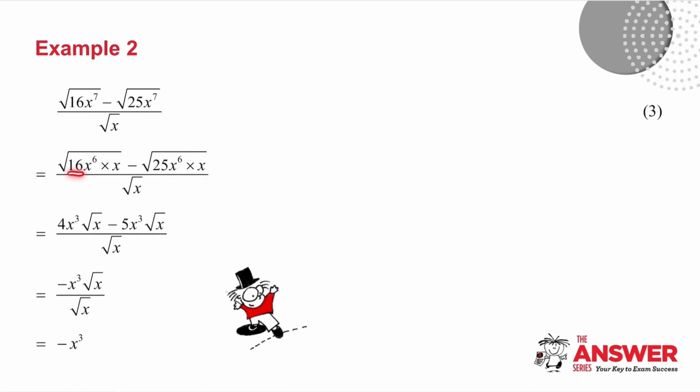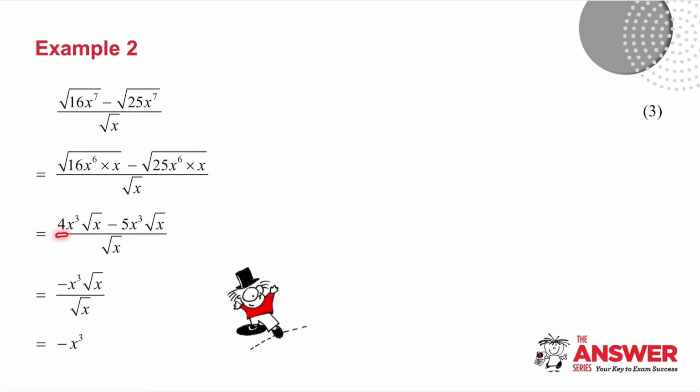The square root of 16 is 4. The square root of x to the 6 is x cubed, and I'm left with root x. Square root of 25 is 5. Square root of x to the 6 is x cubed, and again I'm left with root x. Now, these terms on the top are like terms.